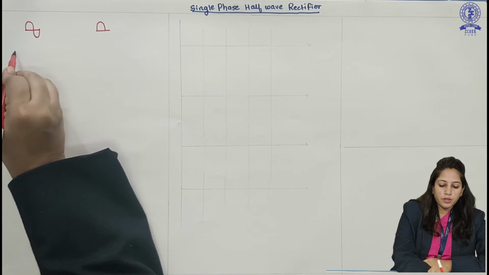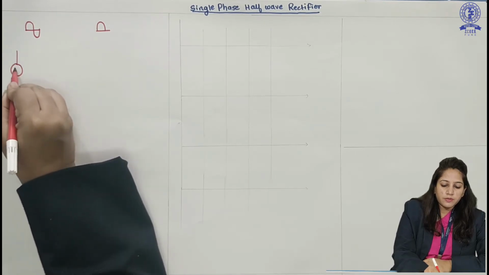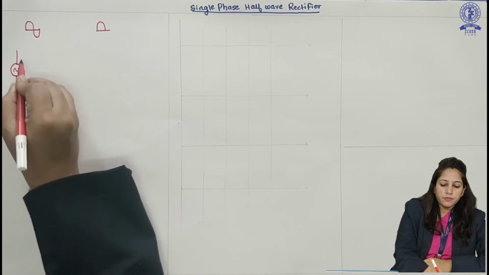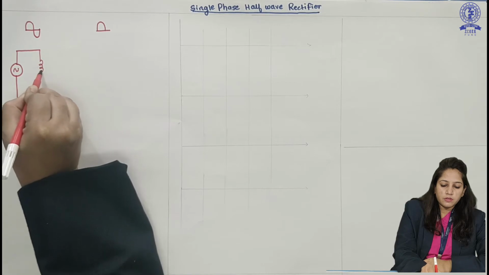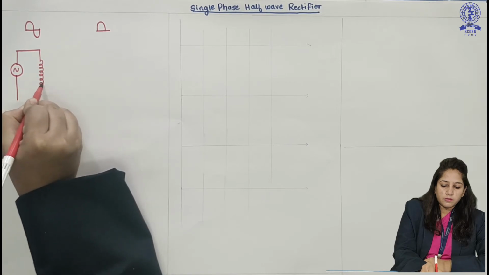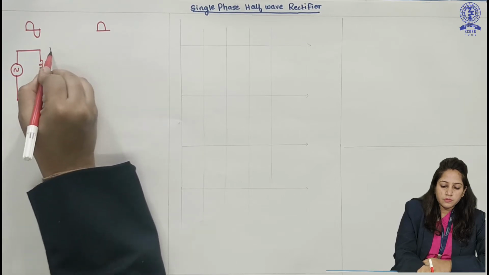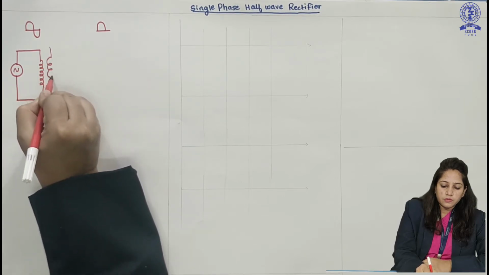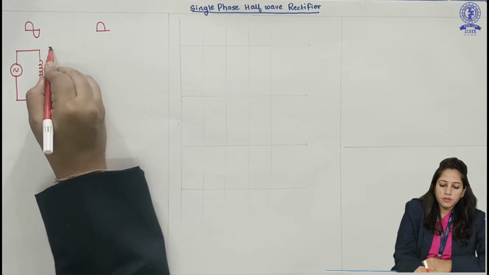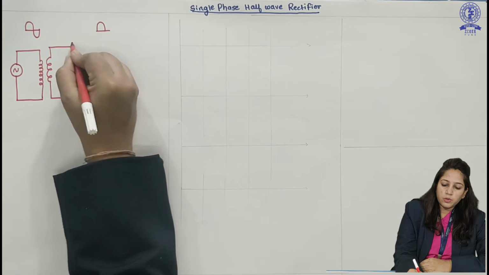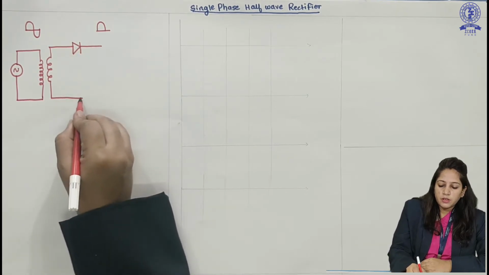I will draw a diagram for it. For example, this is a supply voltage. Here will be a transformer, and here will be a diode used for rectification purpose.